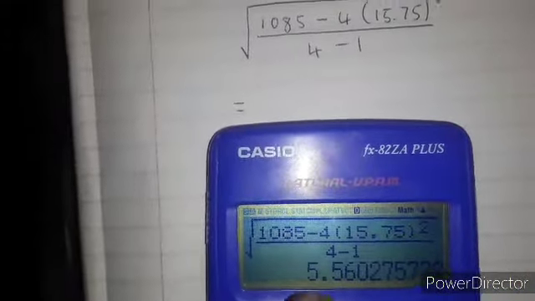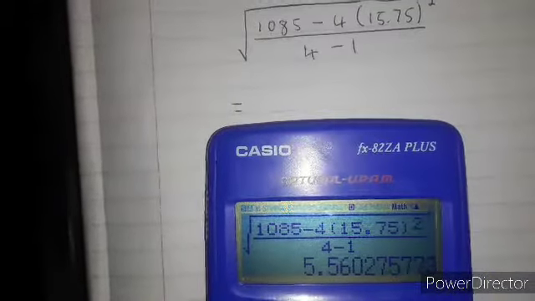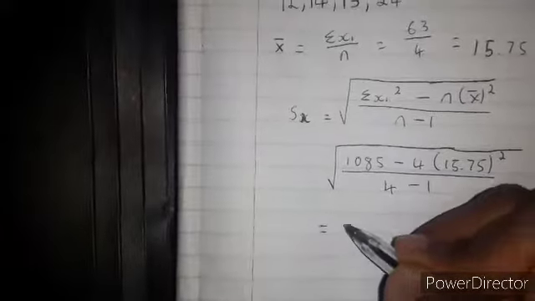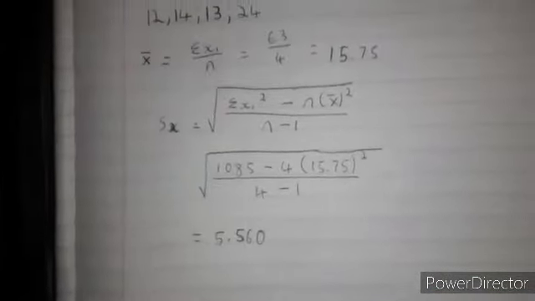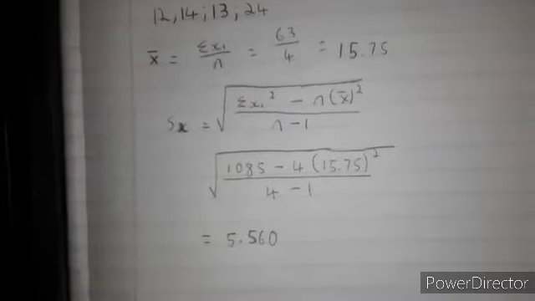The answer is 5,560. That is the first way of calculating the standard deviation.